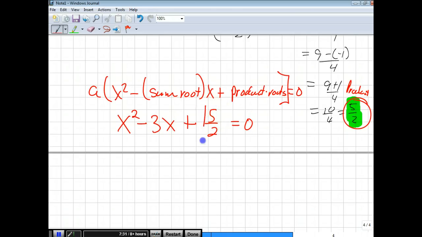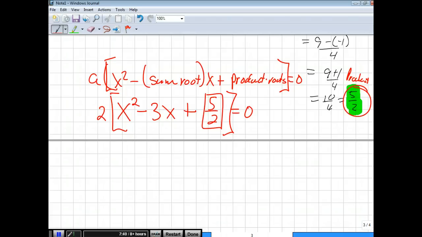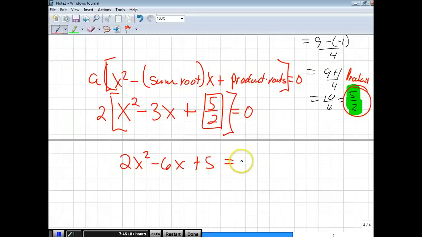but we have this fraction here. So to get rid of that fraction, I'm going to multiply the whole equation by 2. So I get 2x squared minus 6x plus 5 equals 0. Because if I multiply that times 2, I just get 0. So you can see my a value in this case was 2.